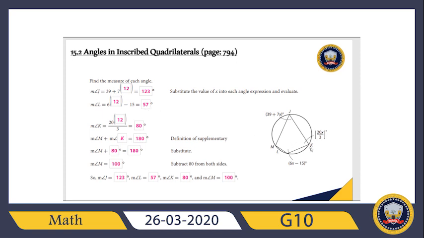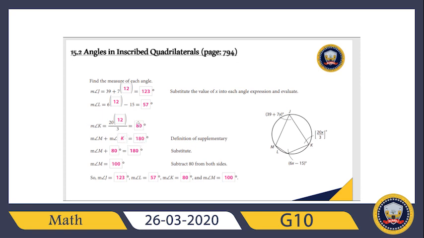For the measure of K, it is 20x over 3 degrees. My x is 12, so the measure of the angle K is 20 times 12 divided by 3, which is 80 degrees. Now, what about the angle M? We know that M and K are supplementary, so the measure of M plus the measure of the angle K is 180 degrees.